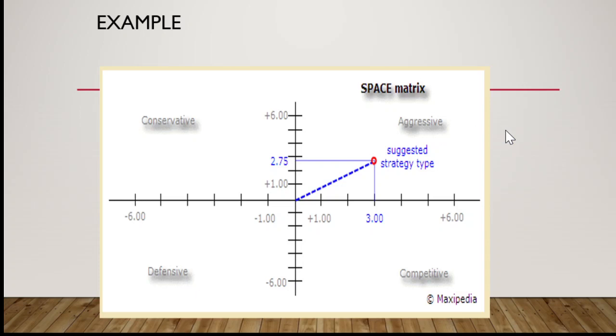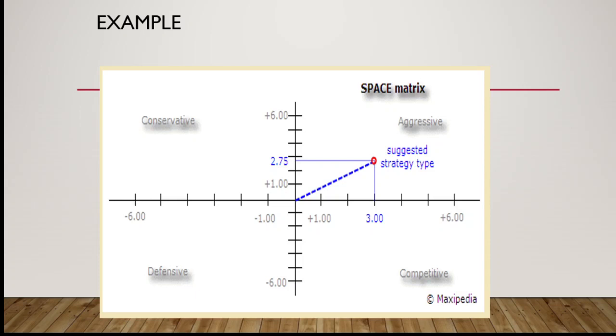So we need to identify the factors or different variables under the financial strength, environmental stability, and then yung sa competitive strategy and industry strength. And then we need to assign values for those, either negative between -1 and -6 or +1 and +6.